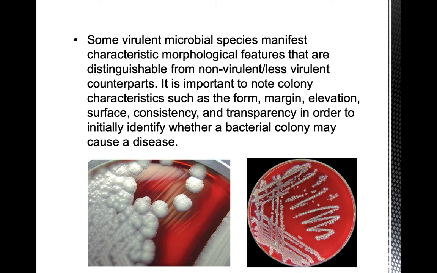The thing is, some virulent microbial or bacterial species manifest specific morphological features that are distinguishable from non-virulent or less virulent counterparts. As an example, I have here two photos.